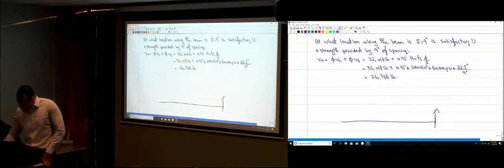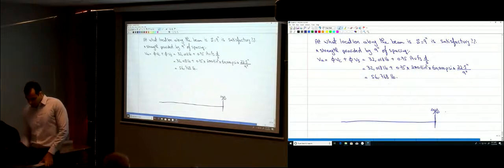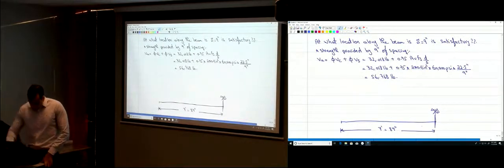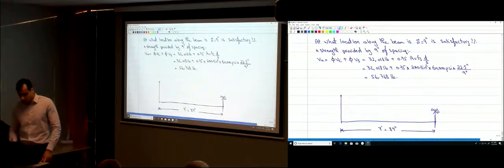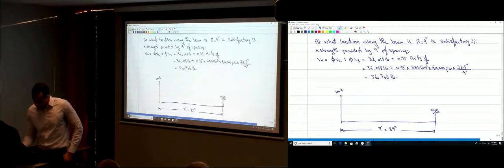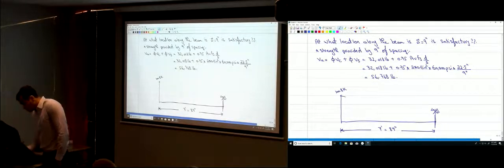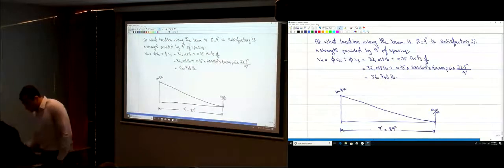This is the middle of the beam. From the support here to the middle of the beam, it's how long? It's 7 feet. So 7 times 12, that's 84 inches. Right at the column here, the shear was 100.8 kips, and then it goes down to 0.